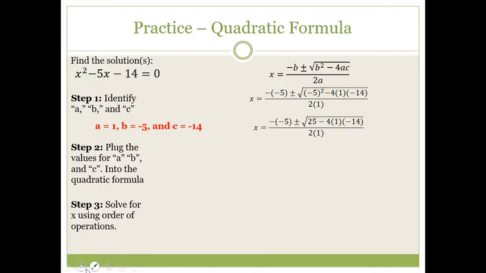So remember, begin working underneath the radical. All right, so we get that b squared, or -5 times -5, is +25. Finally, we did -4 times 1, which is -4, and -4 times -14, which is +56.